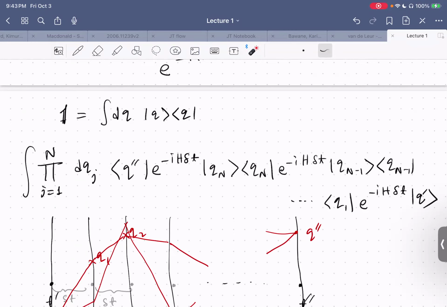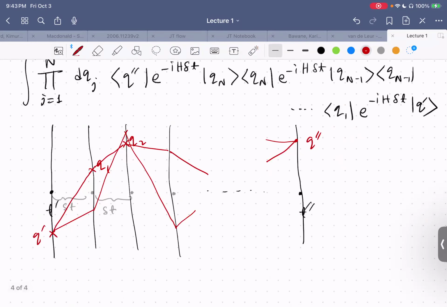But we will be able to simplify the computation of this transition amplitude by assuming that delta t is going to be very small. So we will be interested in the limit that delta t is almost zero, basically. Now, what that means is that our total time interval, so t double prime minus t prime, this is fixed. We're not going to change this.